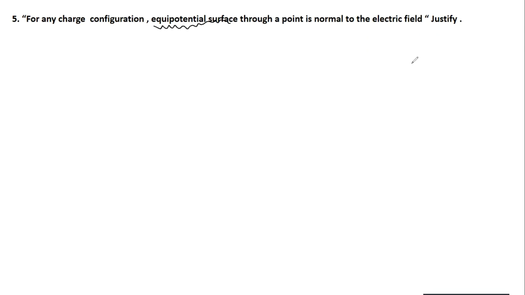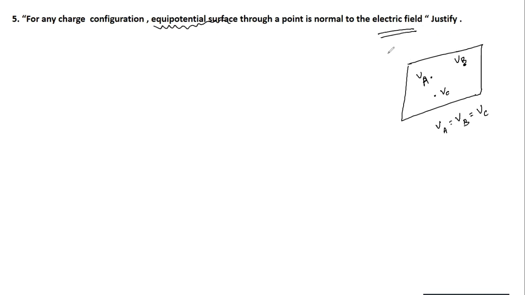Equipotential surface is that surface where the potential at every point, potential at A, potential at B, potential at C, remains the same. The potential values are equal to each other. You don't have any potential difference between these points over that surface. And you have to show that this equipotential surface is normal to the electric field.